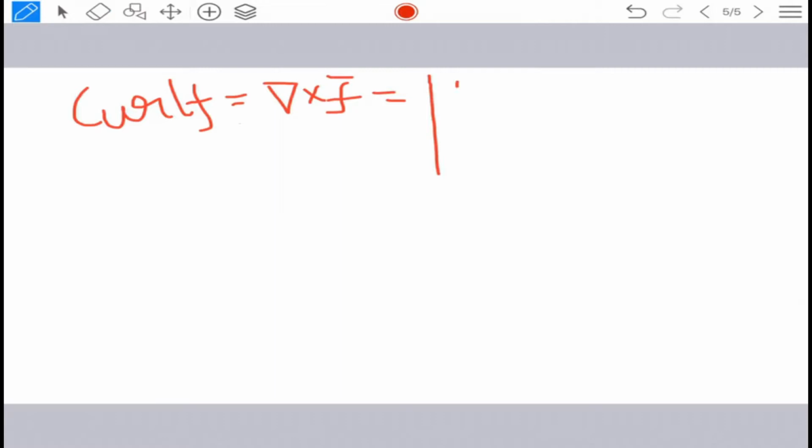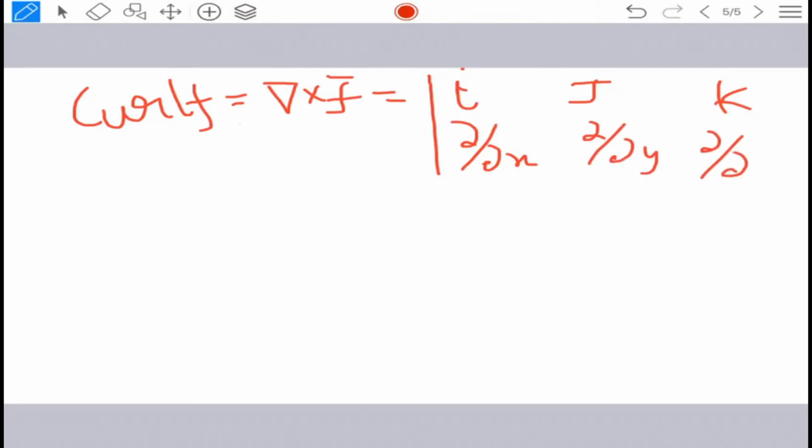The rows are i, j, k; then dou by dou x, dou by dou y, dou by dou z; and then f1, f2, f3.